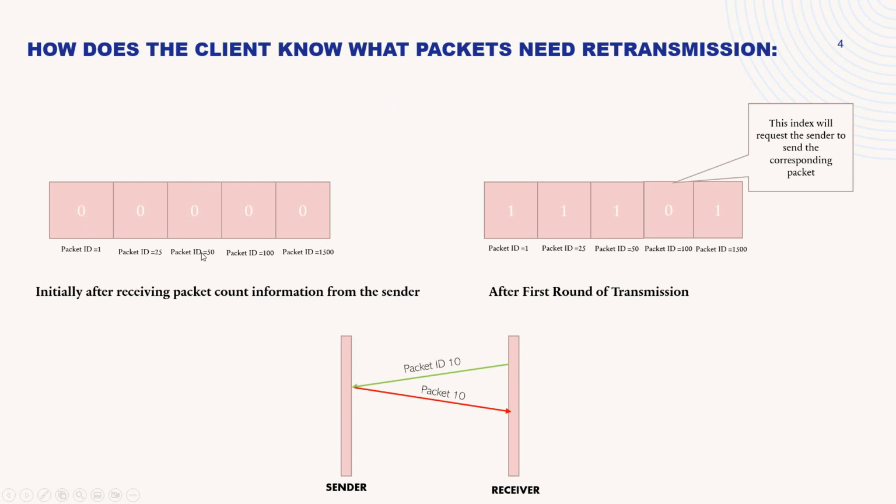So all this happens, but due to some reason, packet 100 is missing. Since we initialized the array as 0, this is still going to remain 0 even after the first round of transmissions, because we haven't received packet 100. This is the way we're going to identify the packets that need retransmission.